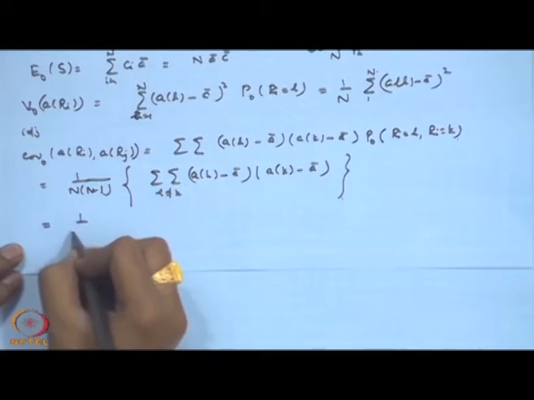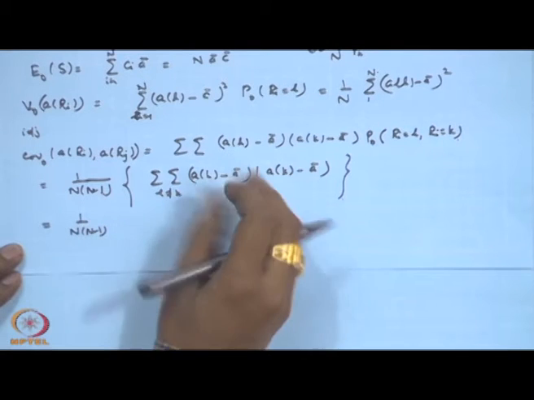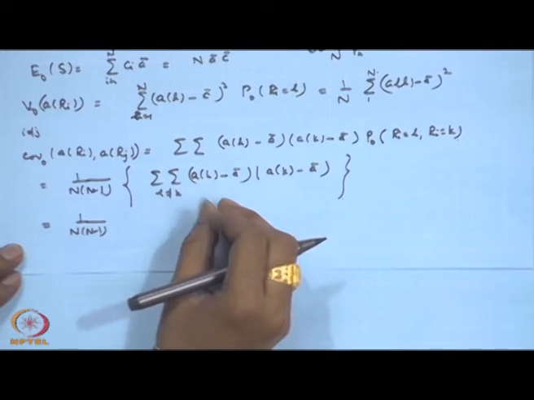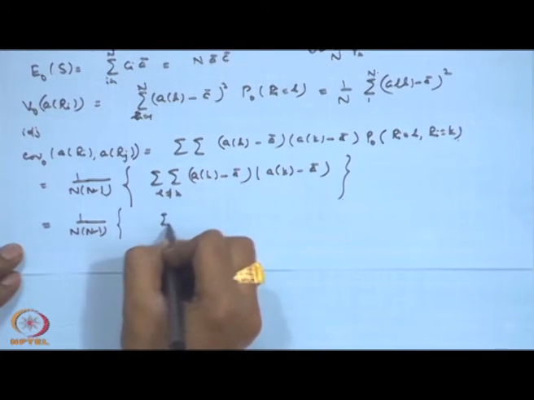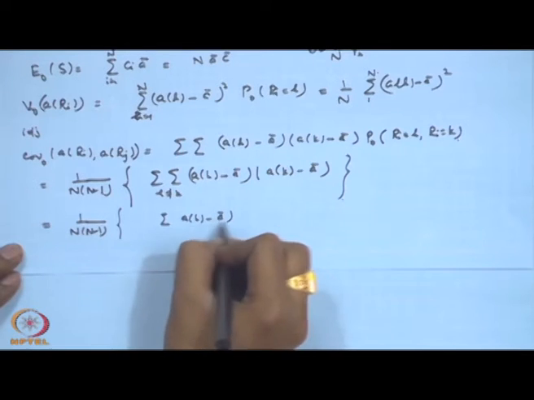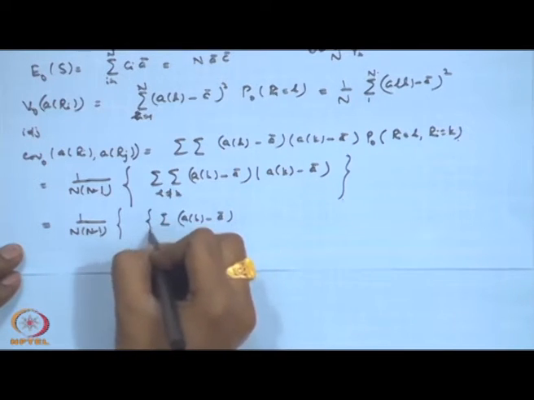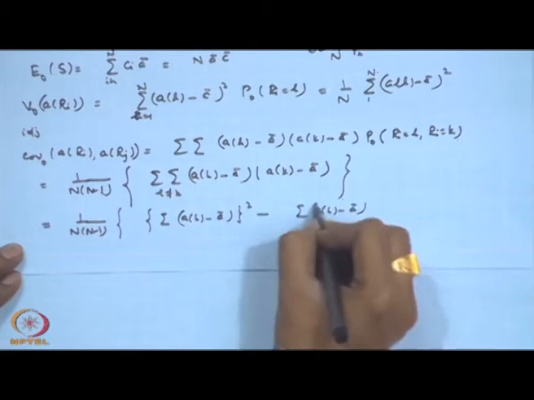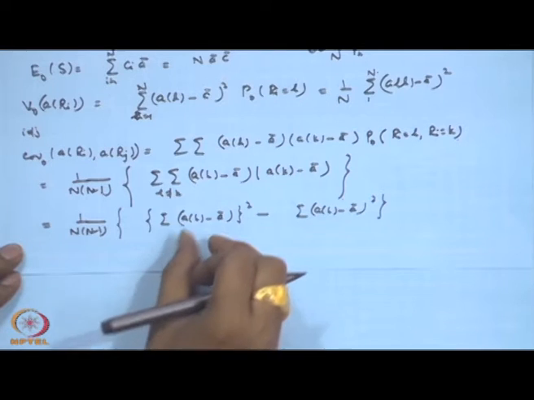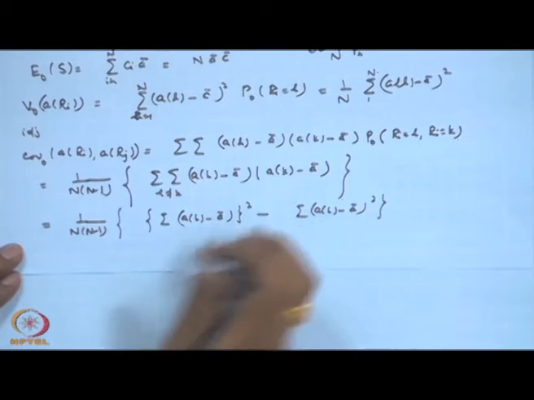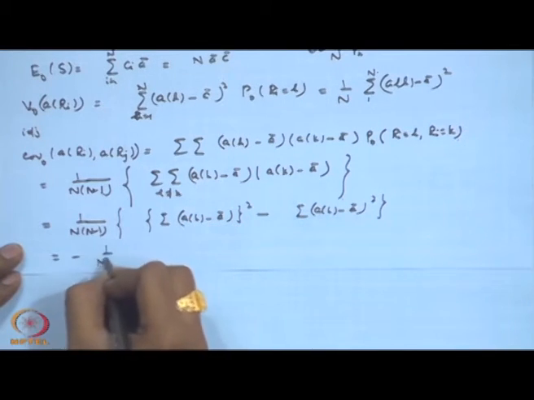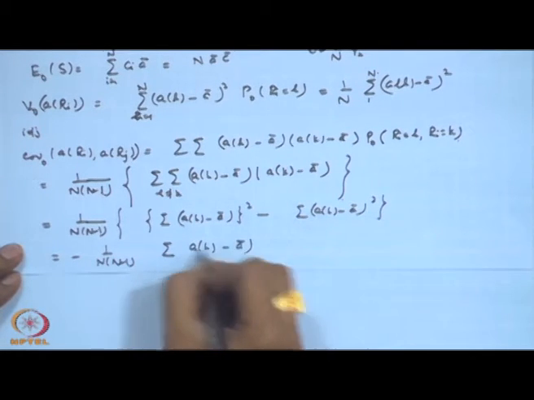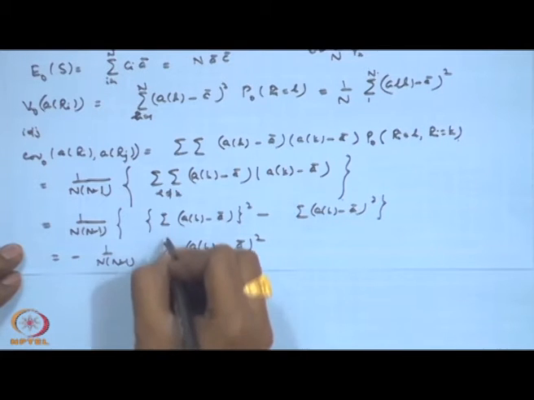This we can write as 1 by n into (n minus 1). This term we write as the square of the sum minus sum of the squares. That means, it is equal to (sigma (a(h) minus a bar)) whole square minus sigma (a(h) minus a bar) square. So, this term becomes 0. So, we are left with minus 1 by n into (n minus 1) sigma of (a(h) minus a bar) square, h is equal to 1 to n.